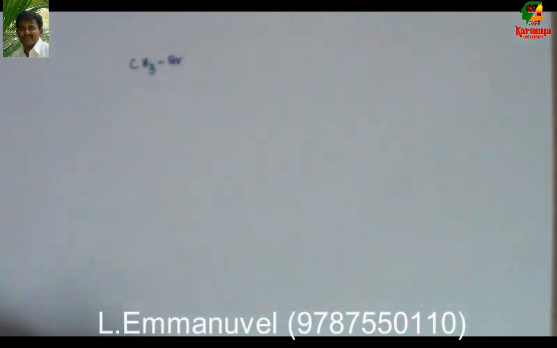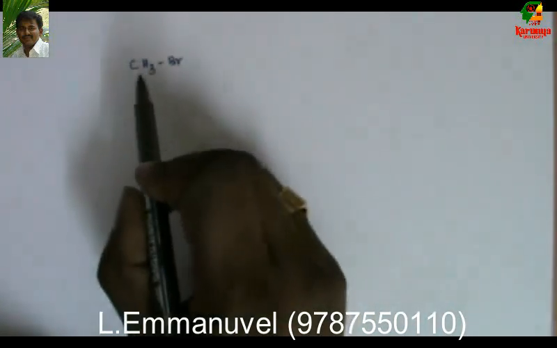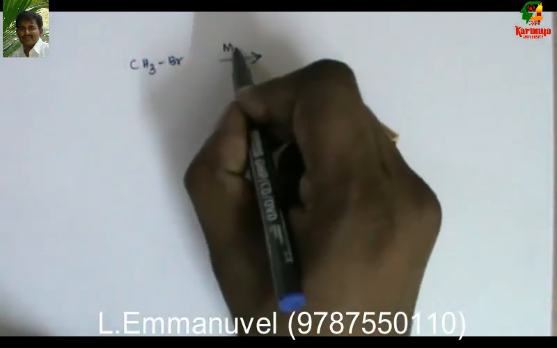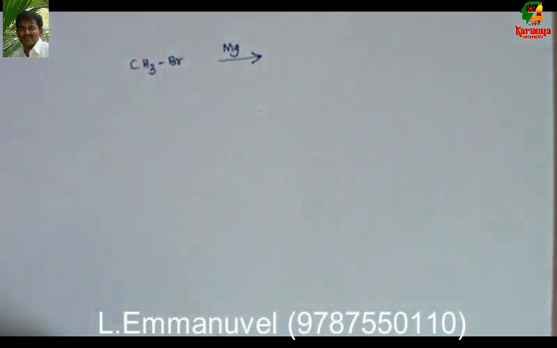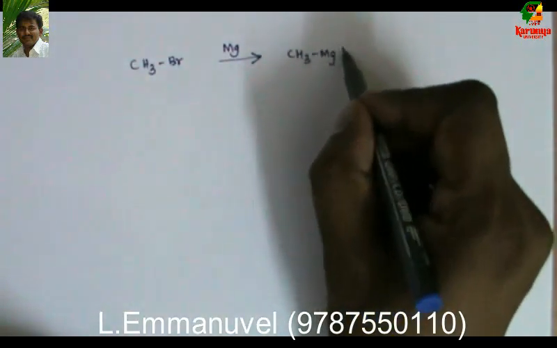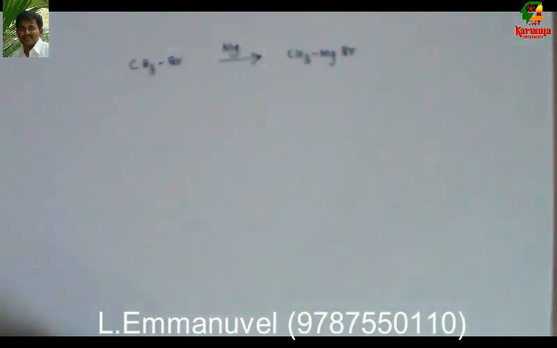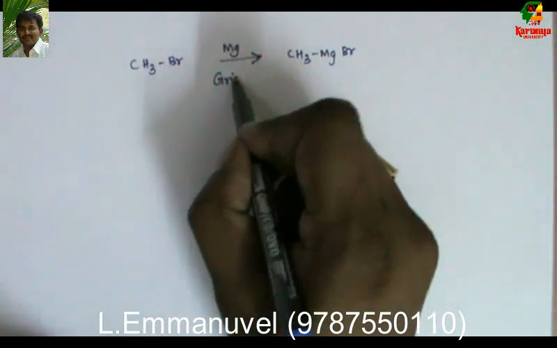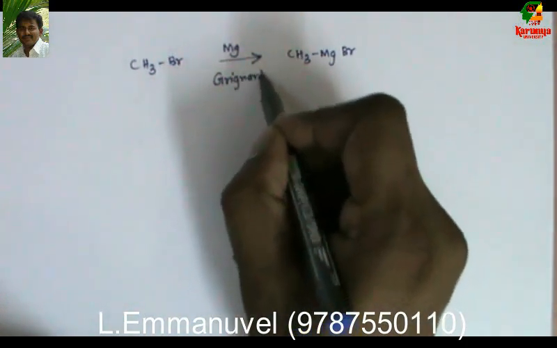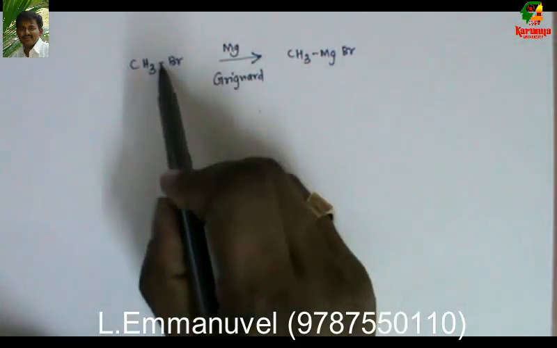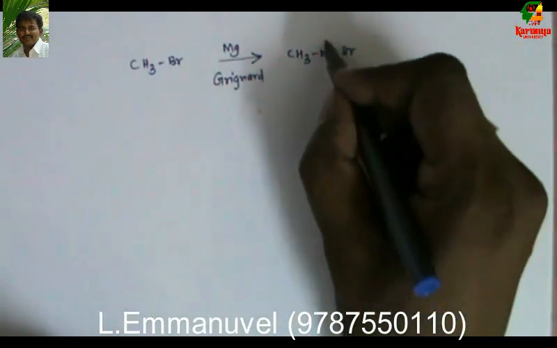For example, I go for bromomethane. If I add magnesium, then what I get is methyl magnesium bromide. So this is nothing but a Grignard reagent. The magnesium gets inserted between this and it undergoes oxidation.